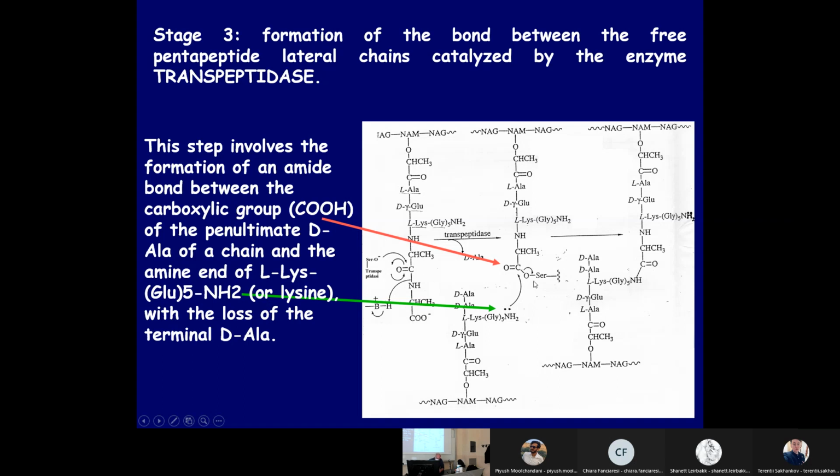And an ester can be considered as activated carboxylic residue, carboxylic acid.